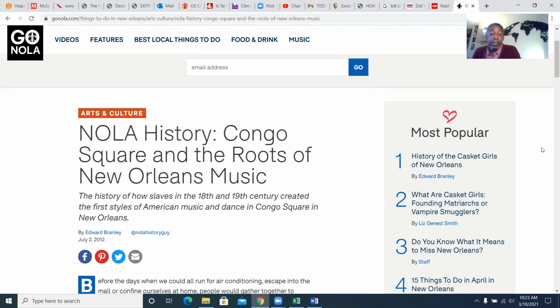It was the only place in New Orleans where Black people could actually play drums and other instruments. And so why couldn't Black people play drums? Why were drums made illegal? Well, if you remember, African people used drums as a communication device. So white people didn't allow Black people to play drums. They didn't know what message they were sending with the drum, except at Congo Square in New Orleans.